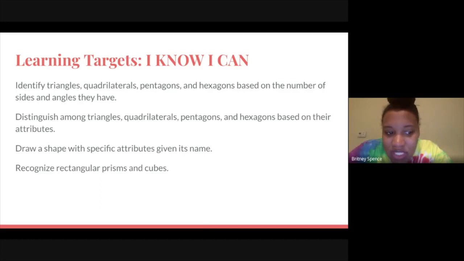And whenever we see the word attributes, that just means characteristics. Like, how would you describe them? I know I can draw a shape with specific attributes given its name. For example, if I told you, draw me a triangle, you would know that a triangle has 3 sides, 3 angles. And I know I can recognize rectangular prisms and cubes.